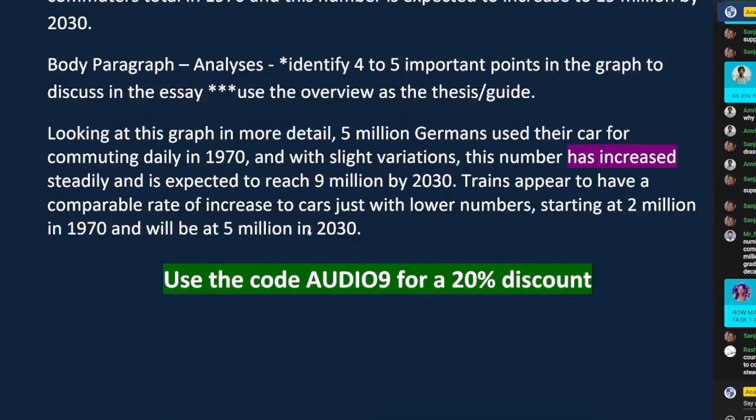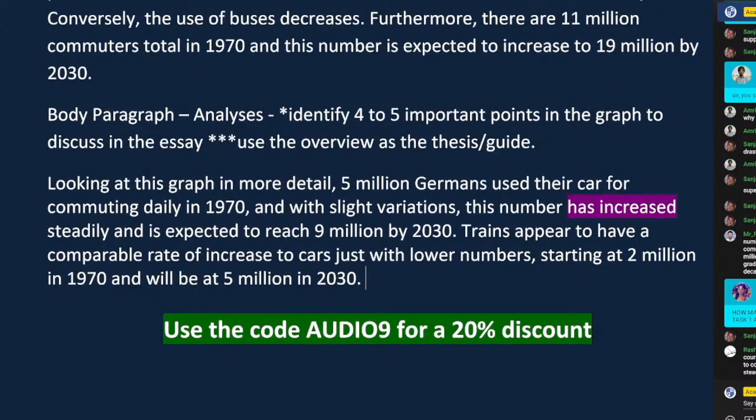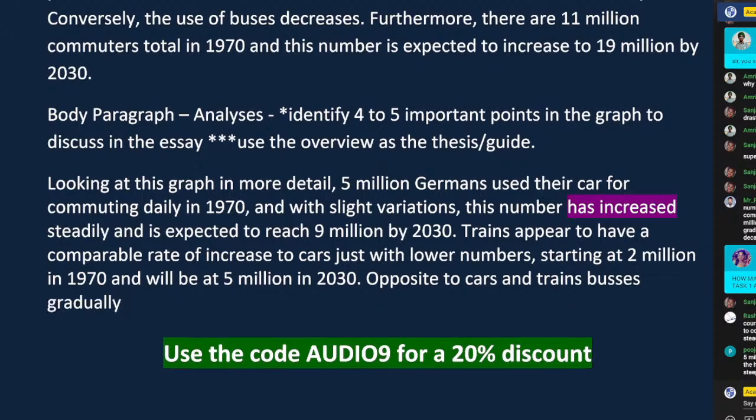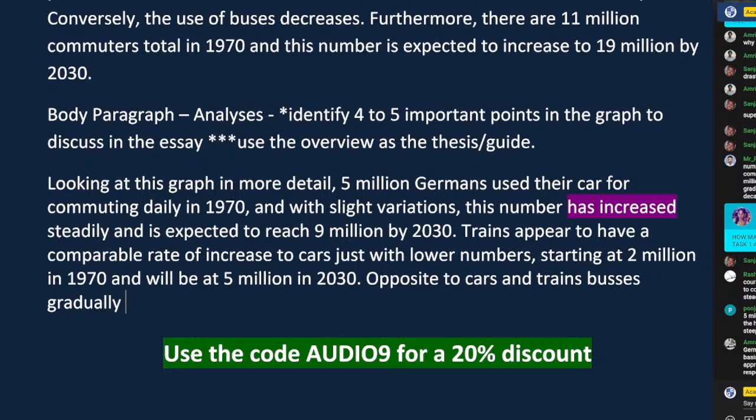Always use words that show opposition. So if I've used however, I've used conversely, I want to use something like nevertheless. Opposite to cars and trains, buses gradually lose popularity over the decades.